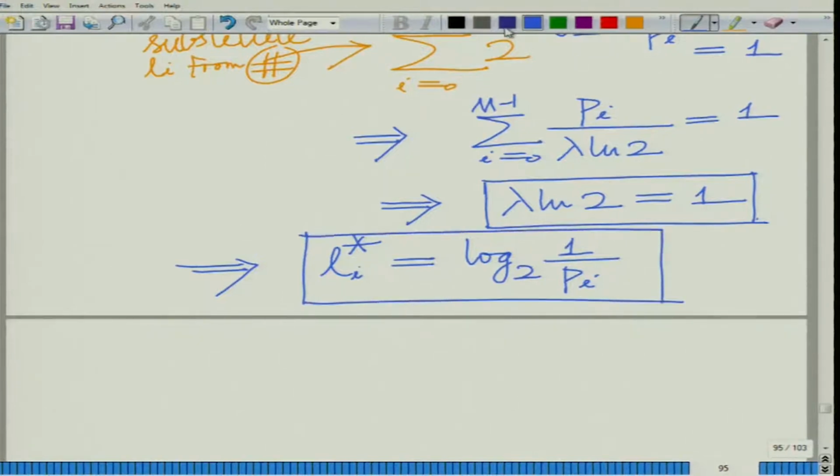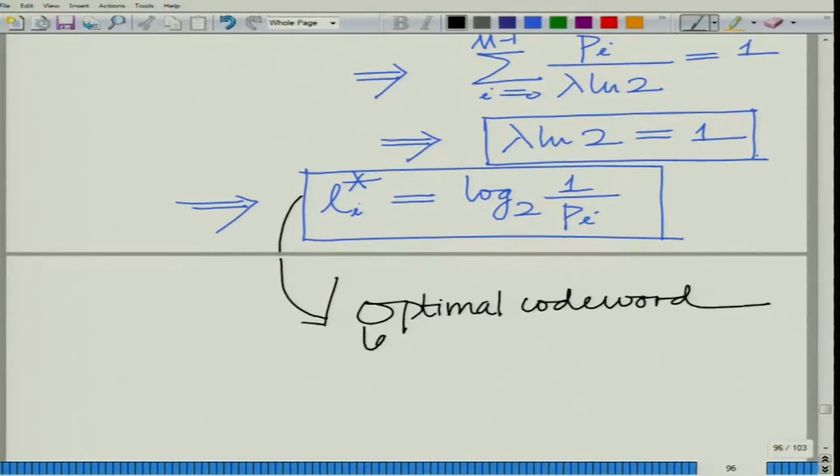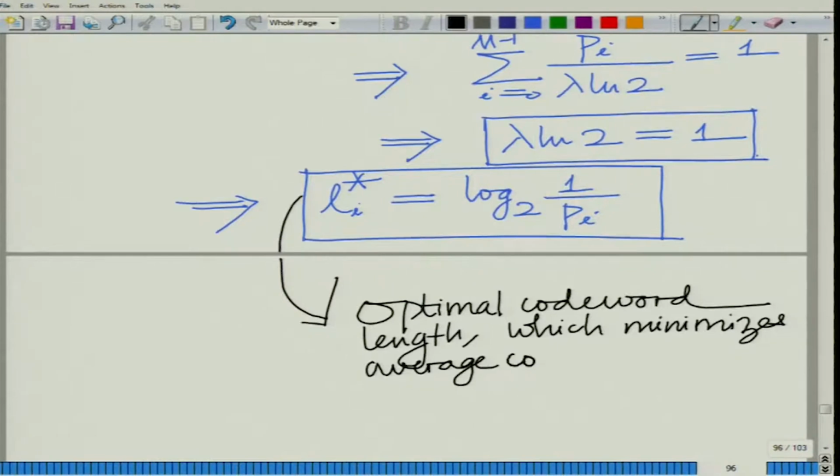So the optimal code word length, and this is interesting, what we have thus derived is the optimal code word length which minimizes the average code length.